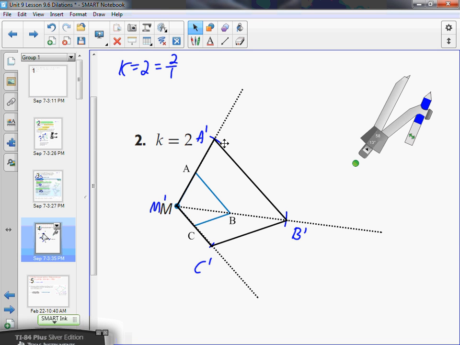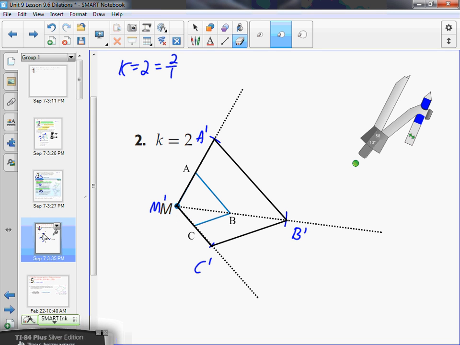The ratio of the length of B prime C prime to BC is 2. So for instance, if I knew that the length of C prime M is 5, wouldn't that mean that the length from C to M would have to be 2.5? Okay?